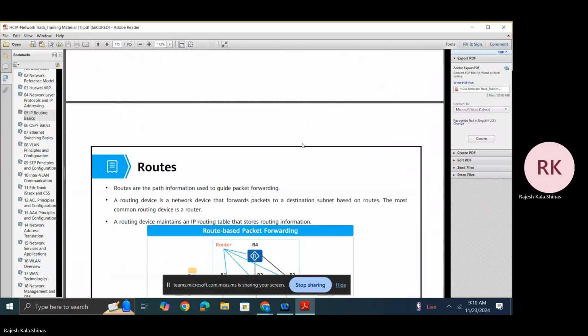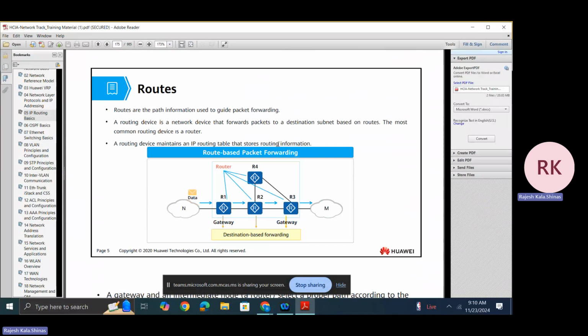Now this is the concept. A host in network N wants to send data or a packet to another host in network M. In between we have gateway routers. I will forward to my gateway router.